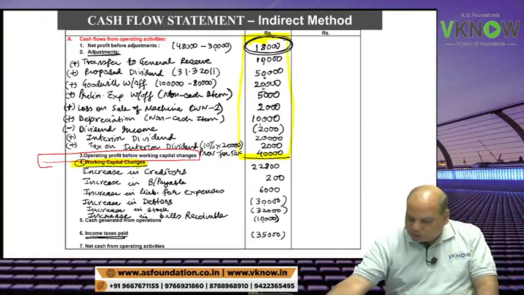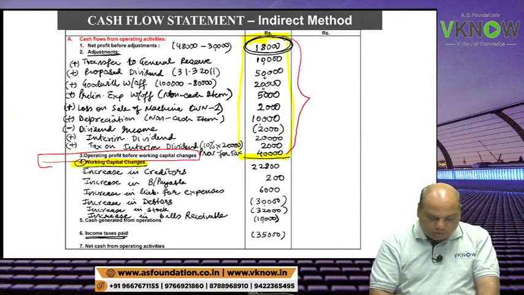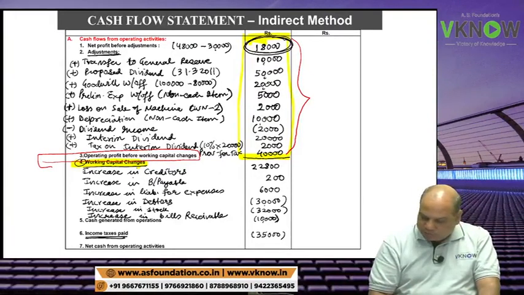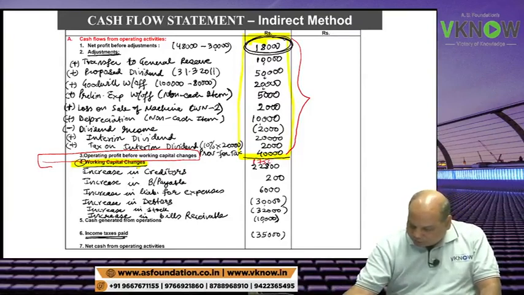So please tell me the total of these points up to here. 18,000 plus 10,000 plus 50,000 plus 20,000 plus 5,000 plus 2,000 plus 10,000 minus 2,000 plus 20,000 plus 2,000 and plus 40,000. So you are getting here 1,75,000.